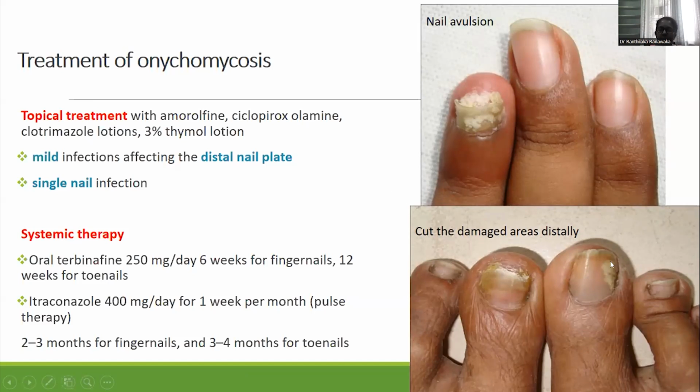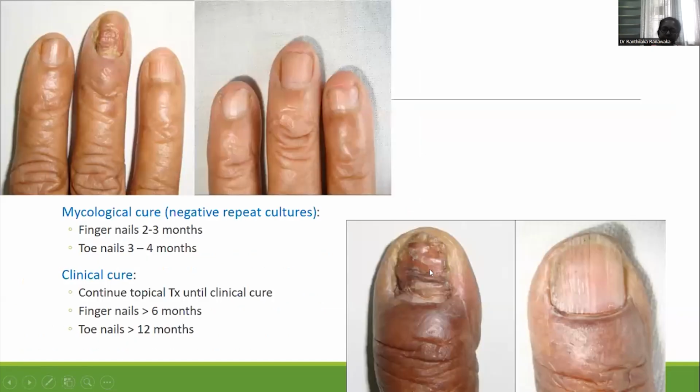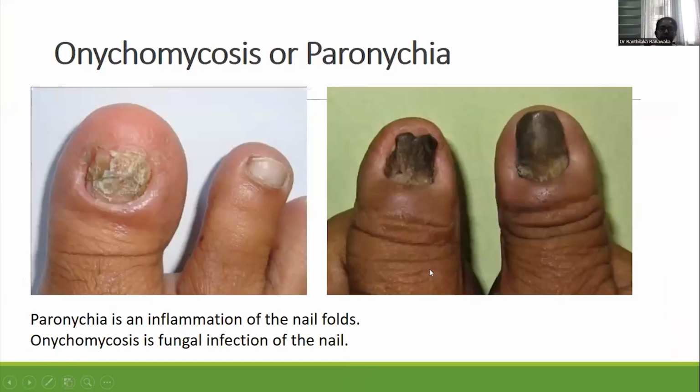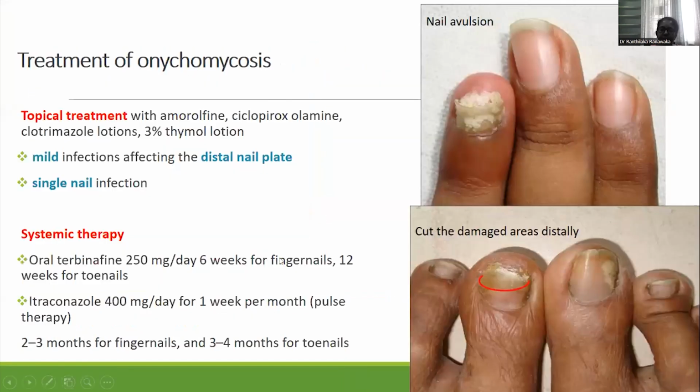So the lower one has some areas only. So you can cut the damaged areas distally. This is nail avulsion. This area, you can cut the nail and then treat. Right? So that is, you remove fungal elements mechanically first, then you treat with topical or systemic therapy. Actually, that helps faster cure.